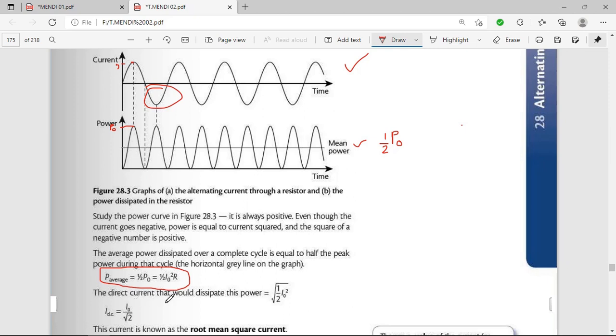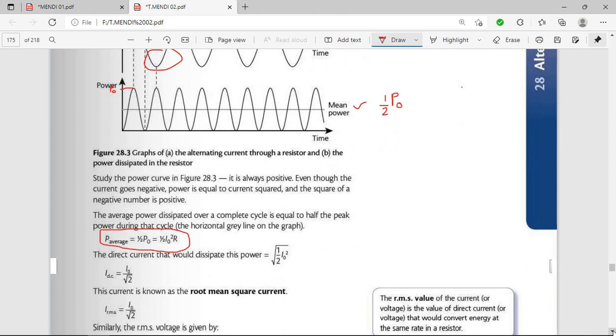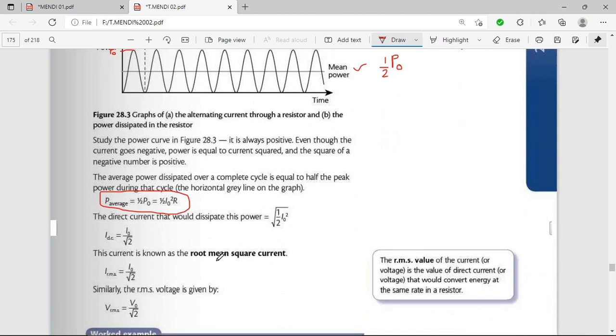The direct current that would dissipate this power is the direct current I naught over root 2, and this is known as the root mean square of current.